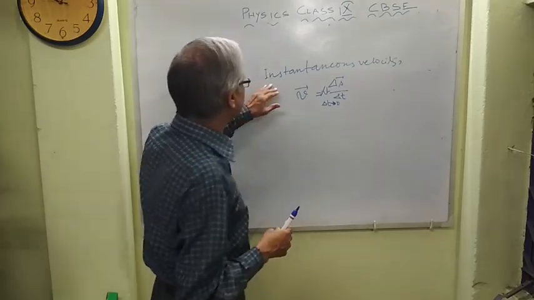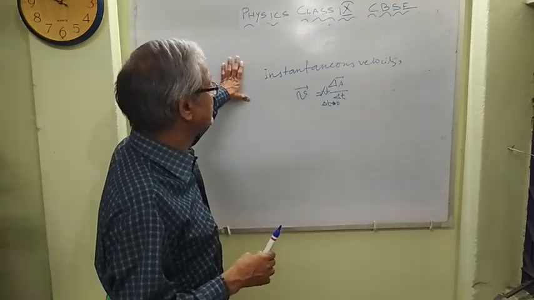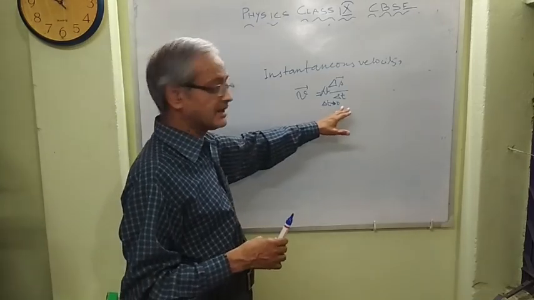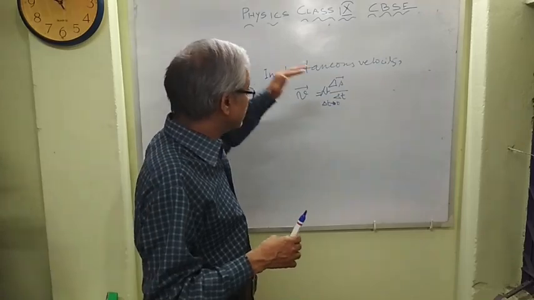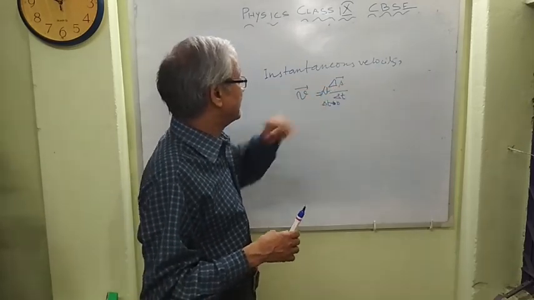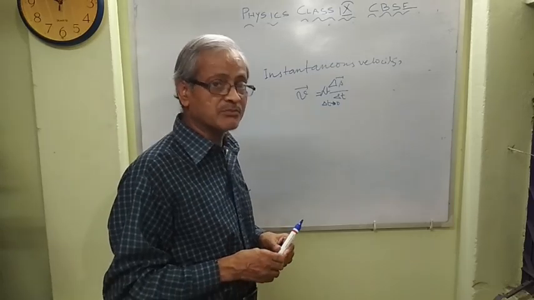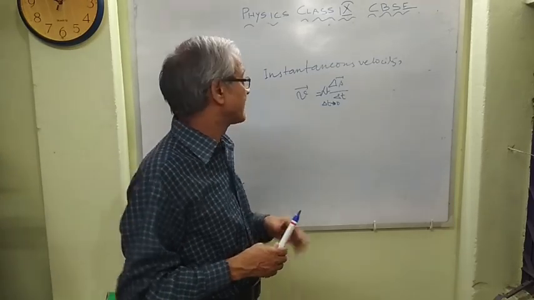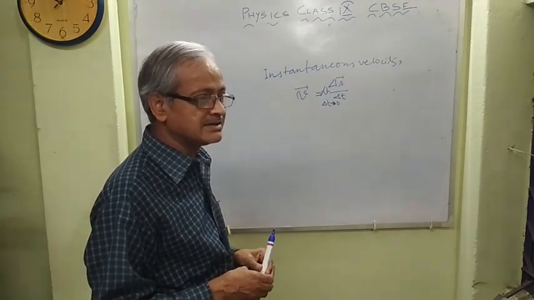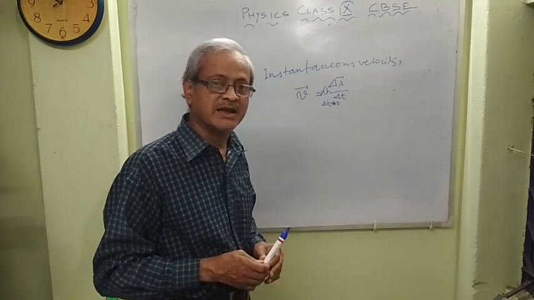In the similar way, instantaneous acceleration will be the average acceleration at a particular instant of time, when the time intervals tend to zero, that is, time intervals become infinitesimally small.